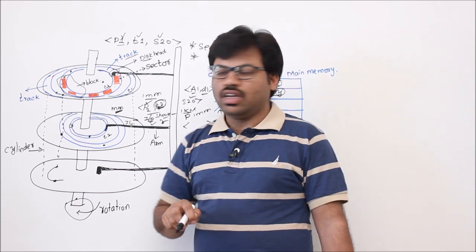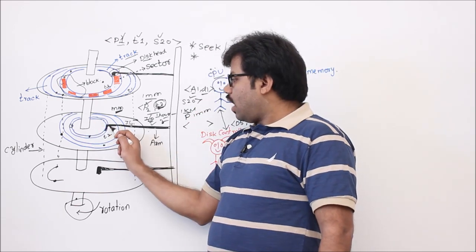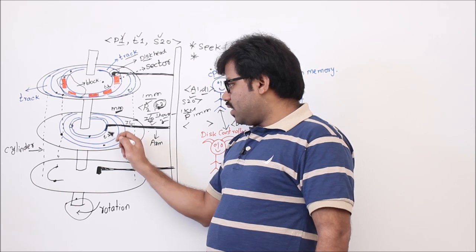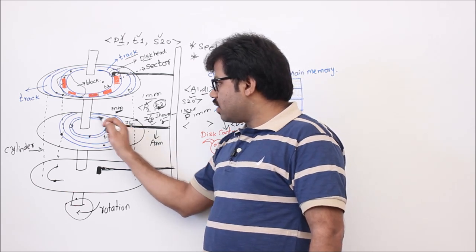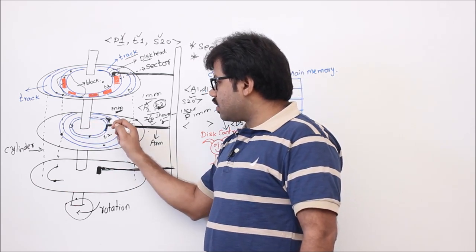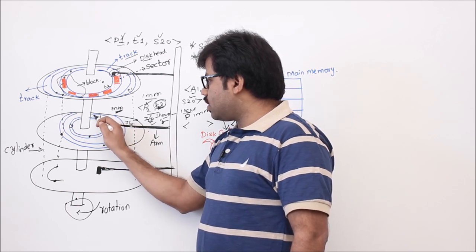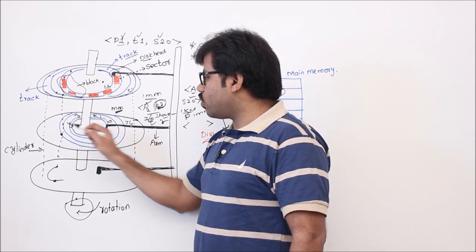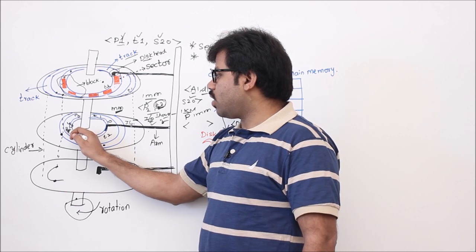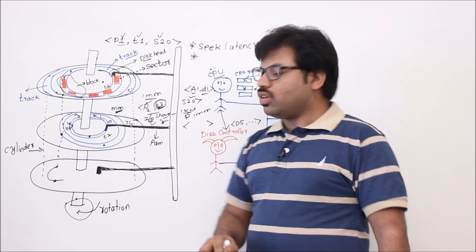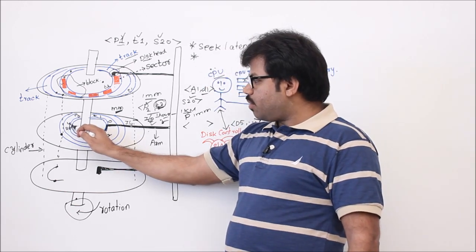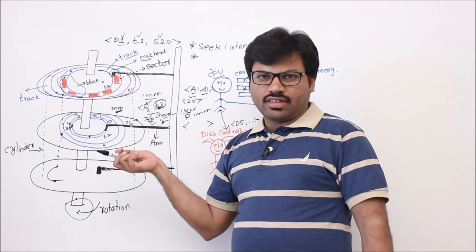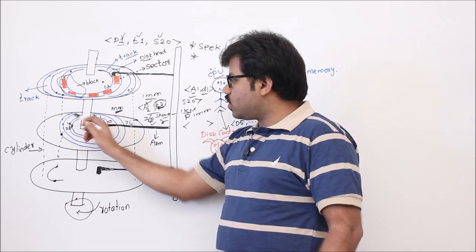Same thing. Now, we can always assume like this. Your track is addressed like this: sector 0, sector 1, sector 2, sector 3, sector 4, and so on. This is your sector number, let's say 20. So sector number 20 is the place I want to write my data. For that, your disk has to be rotated.